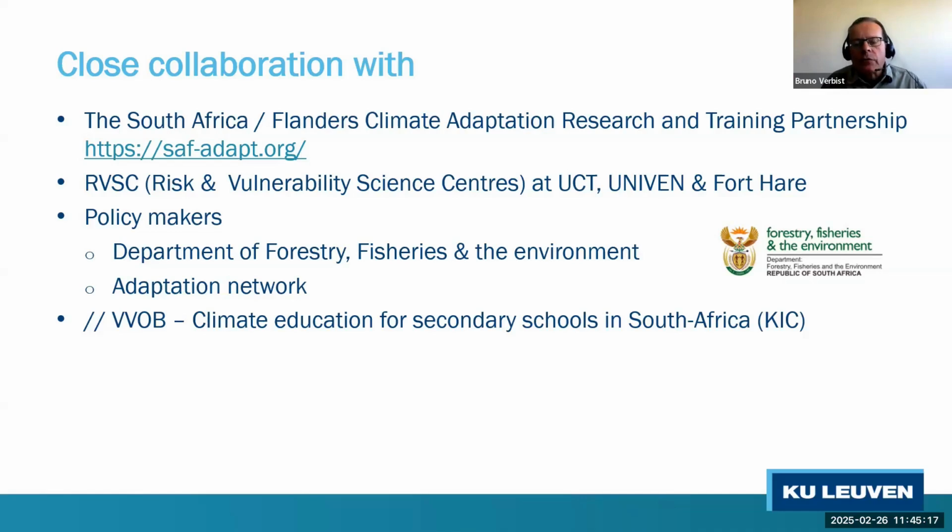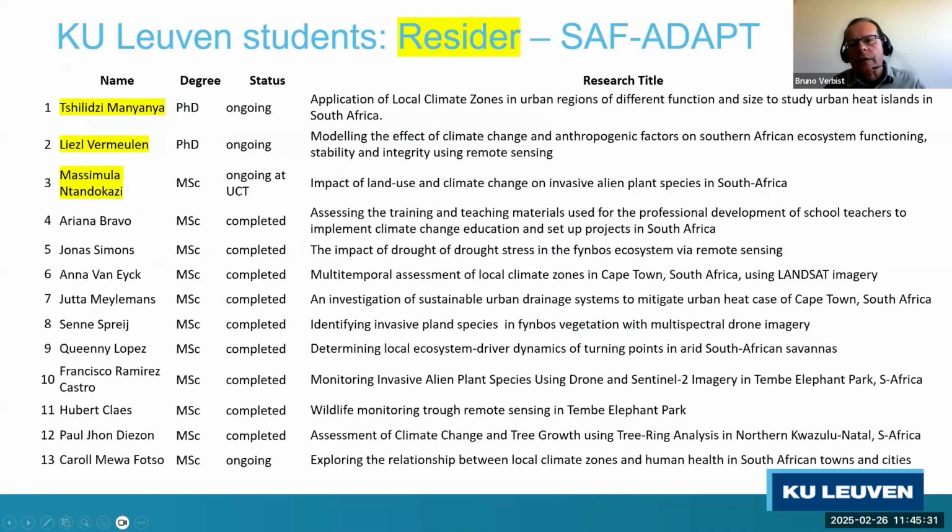And in the margin, I would also like to mention we had a short stint with VVOB, a Flemish parastatal that works more on climate education for climate change at secondary schools, and that's also where we had students working. You can see this in a short list. You've seen the ones in yellow. You saw the first 2 actually presenting. They were sponsored by the Resider project, but through SAF-ADAPT we could send a pretty large group of students to South Africa.